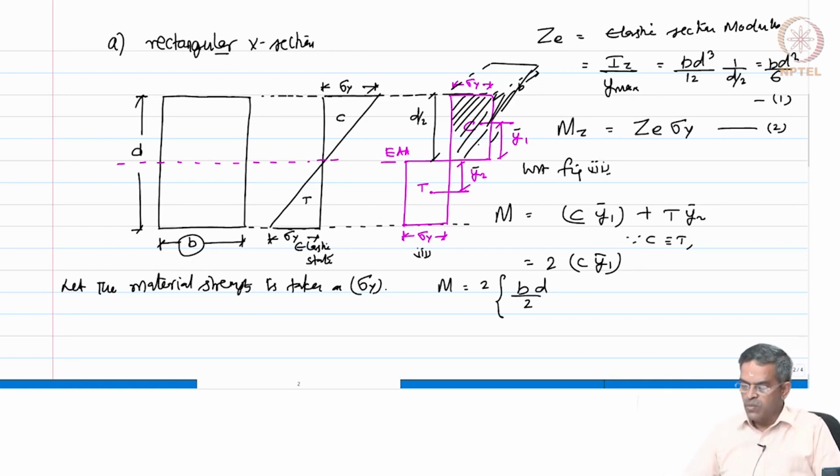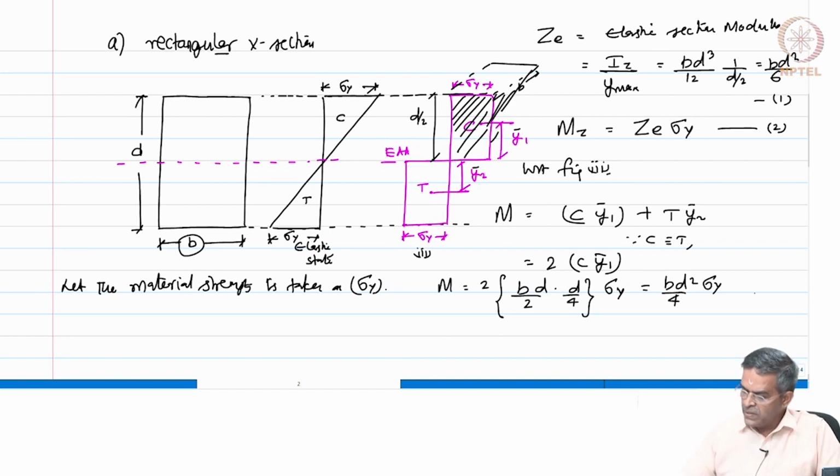B into D by 2 into the centroid y bar, which will be D by 4, simple geometry, and I multiply this with stress, because this has got to be force into distance. Which gives me BD square by 4 into sigma y.